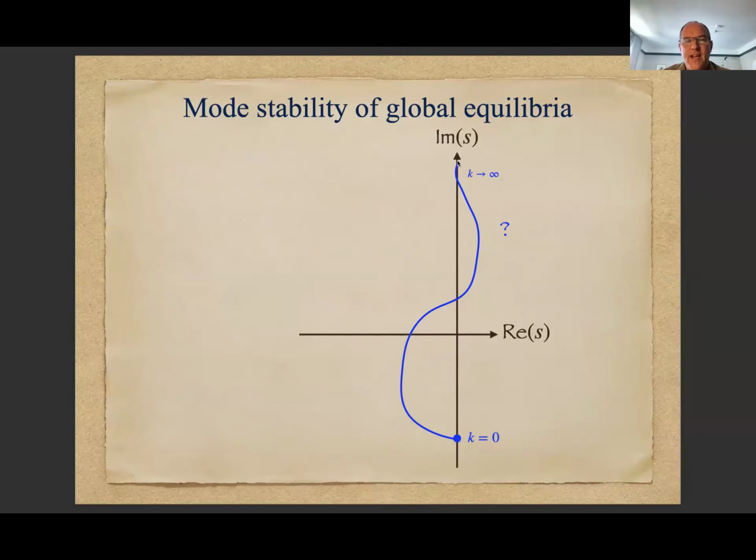And we also know that when k goes to infinity, it will again asymptote to the imaginary axis, because s over k goes to some purely imaginary number. But the question now is, what happens in between? Could it be that if k goes from 0 to infinity, you somehow cross the imaginary axis?